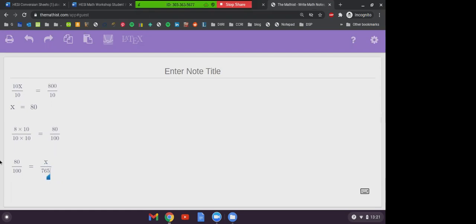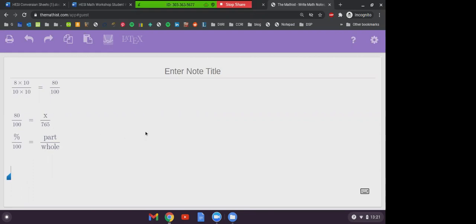And the rule is you put your percent over 100, and it equals your part over your whole. That's why I put the x on top, because I'm looking for what part of the chickens lay eggs, out of a total or a whole of 765.